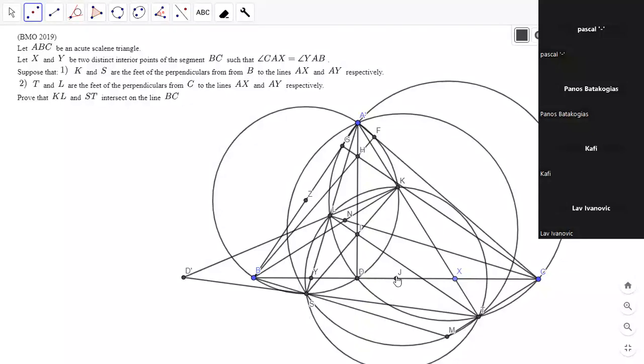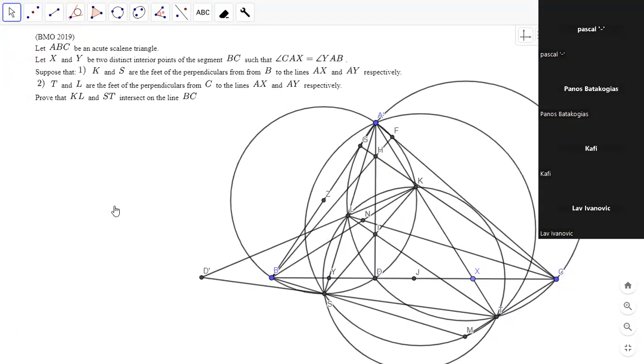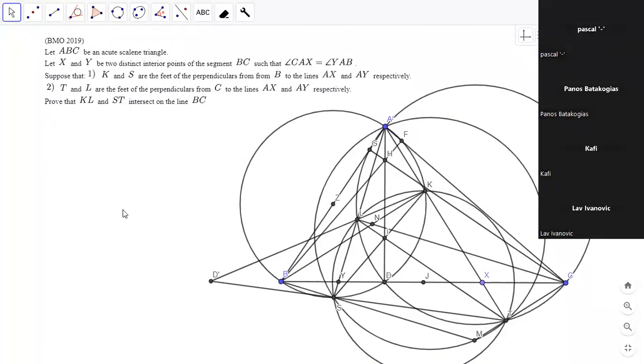Okay, so that proves that J is the circumcenter of this. And then by Brocard's theorem, D prime would lie on this, and that would solve the problem, right? Yep. Okay. So Johannes had an interesting solution, but I think I'm going to go with this just because it would require less calculation.